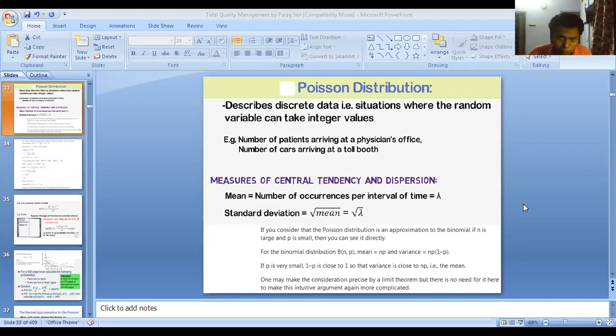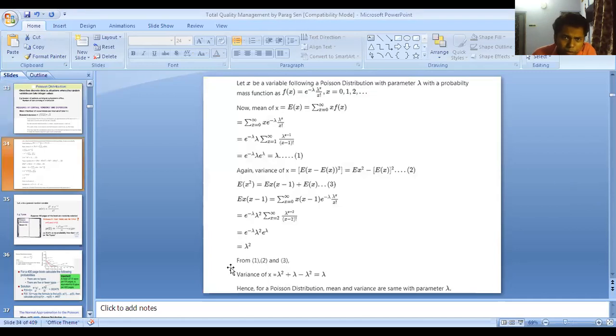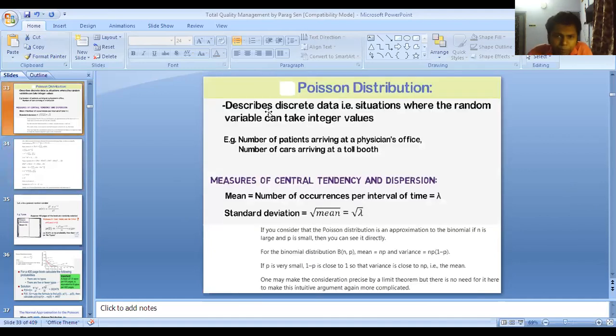If you would like to know why it is like this, then there is a proof. With the help of rigorous mathematics we can prove it, and alternatively we can also see it simply. Suppose we know that a binomial distribution has two parameters, n and p.